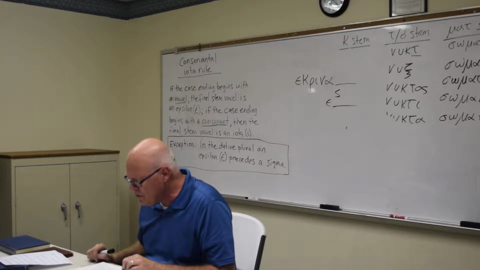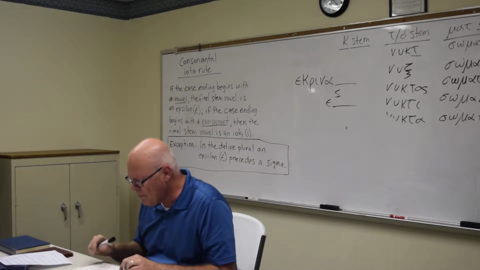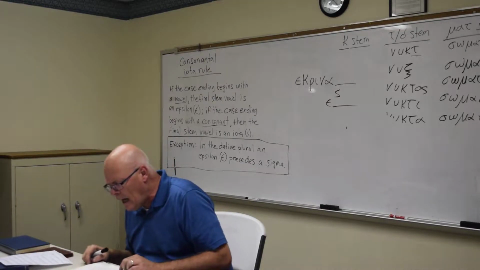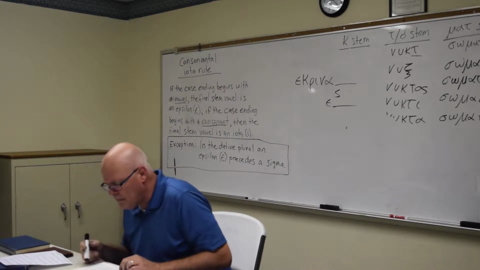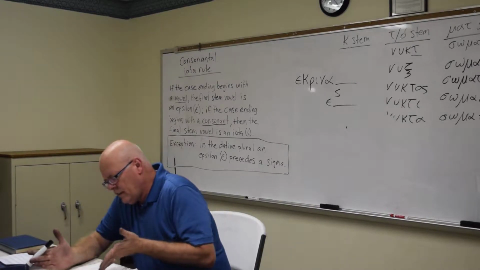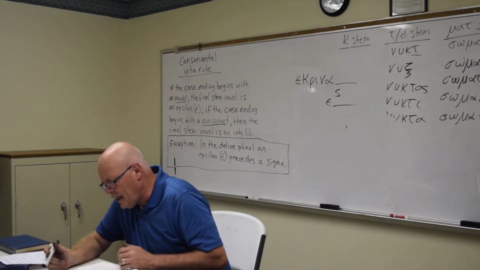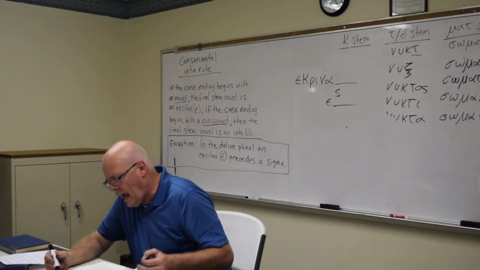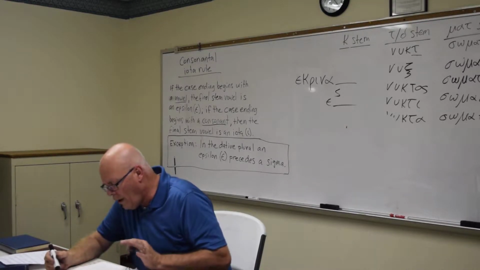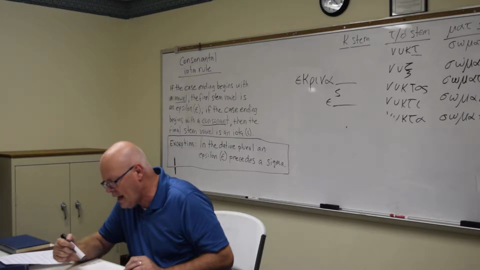Negative pronouns, on the bottom of page 117. Let me just read the paragraph. The negative pronoun is a combination of the negative particle and the cardinal numeral 1. So it's oudeis, oudemia, or ouden.